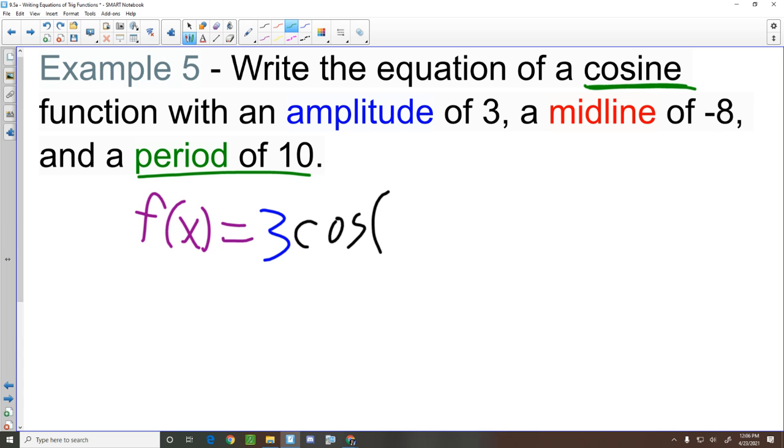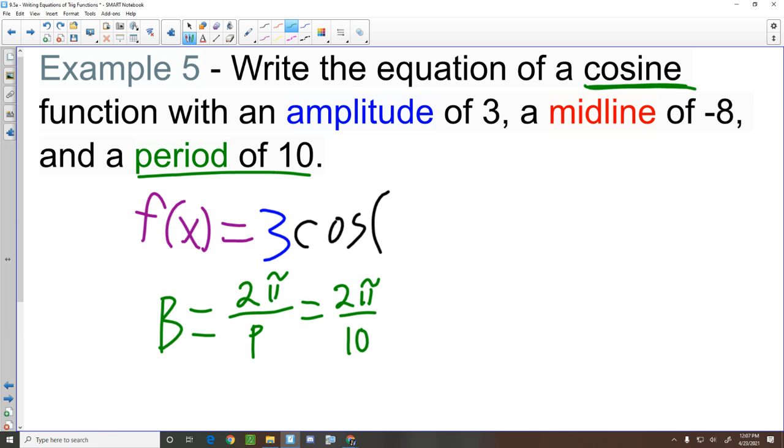I have to calculate the value of b, where b is 2 pi divided by the period. Well, I know what the period is. It's 10, so that's 2 pi divided by 10. And I can just simplify that fraction then. 2 over 10 simplifies to 1 over 5. So this would be pi over 5.